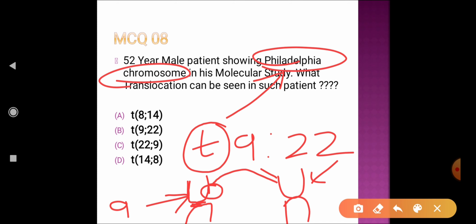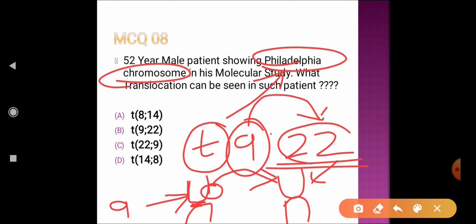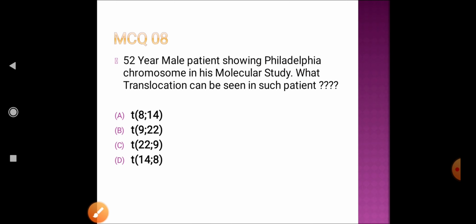This translocation 9;22 is known by the name Philadelphia chromosome, and it is the classical feature of CML. So the Philadelphia chromosome means chromosome translocation 9;22. So your answer will be B.